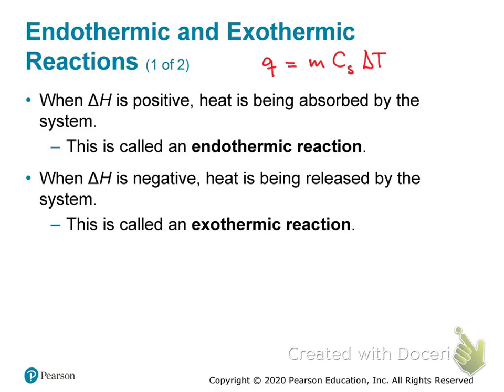What we are going to connect with here is how delta T affects the sign of Q, which in turn affects the sign of delta H, because delta H for us equals Q, because all the processes that we deal with are at constant pressure.